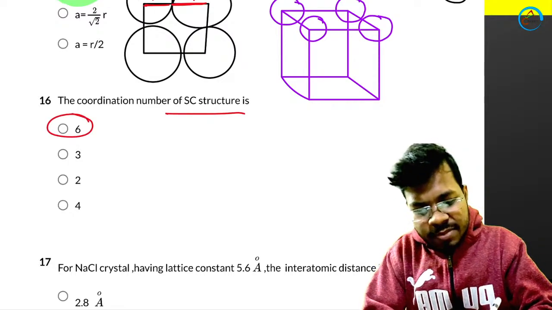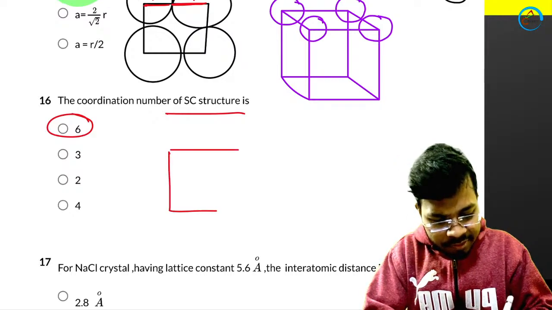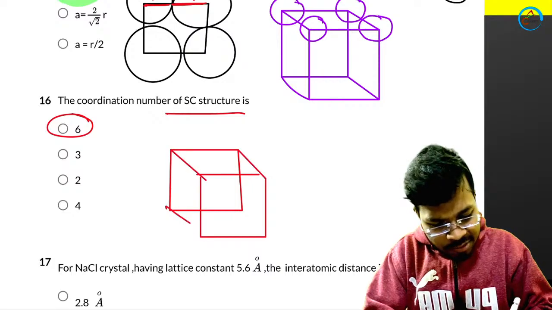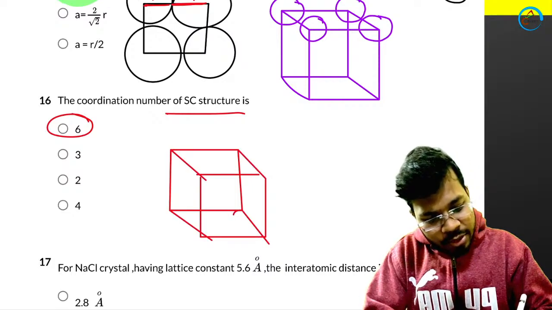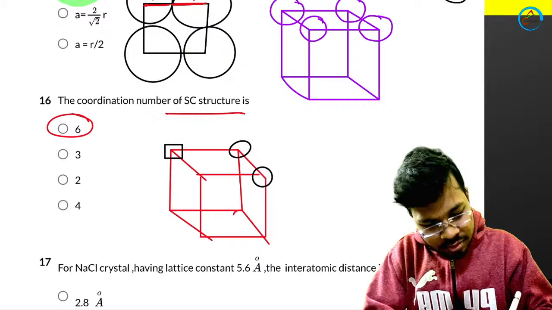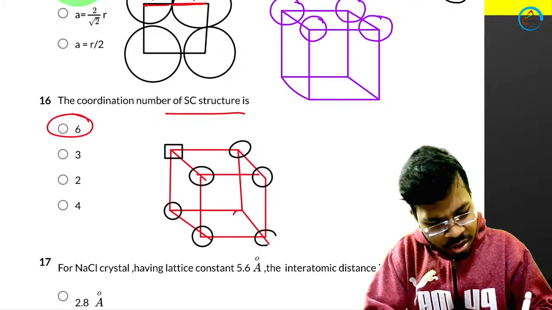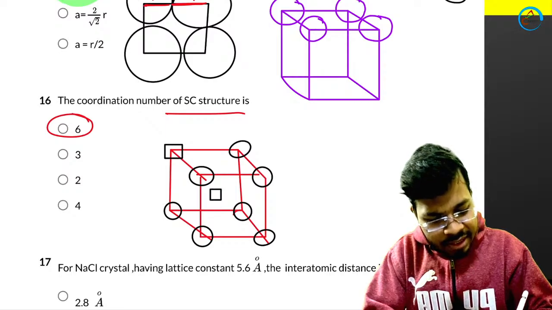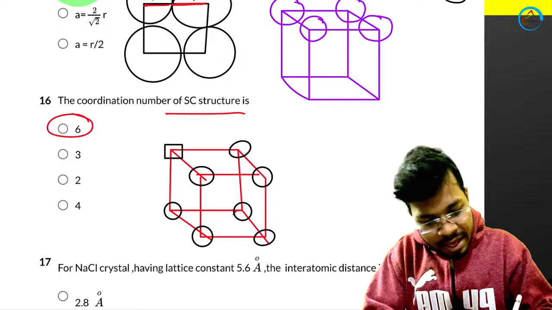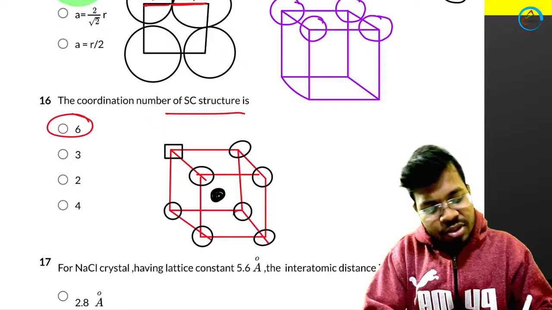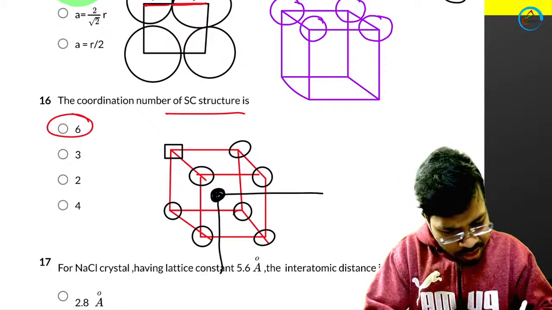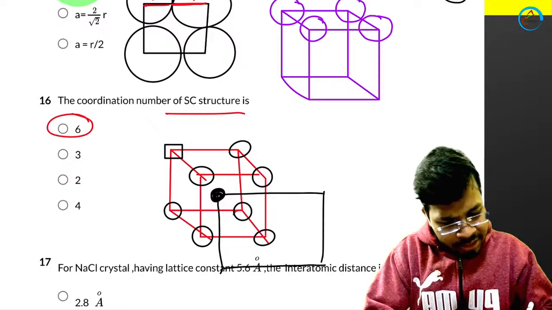How is this possible? It's a very simple concept. If I draw this lattice point, you simply get this kind of thing. This is your simple cubic, right? Suppose you have another cell. This point is the part of another unit cell, definitely.